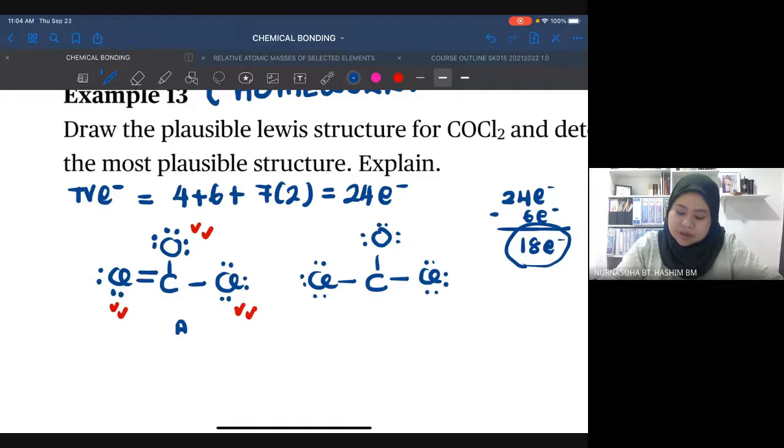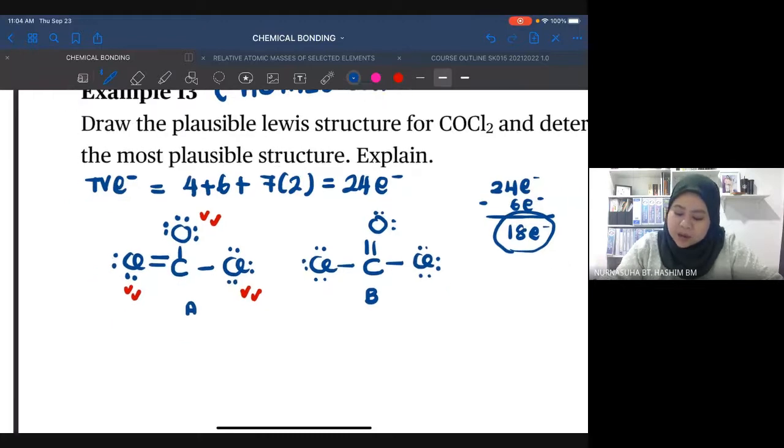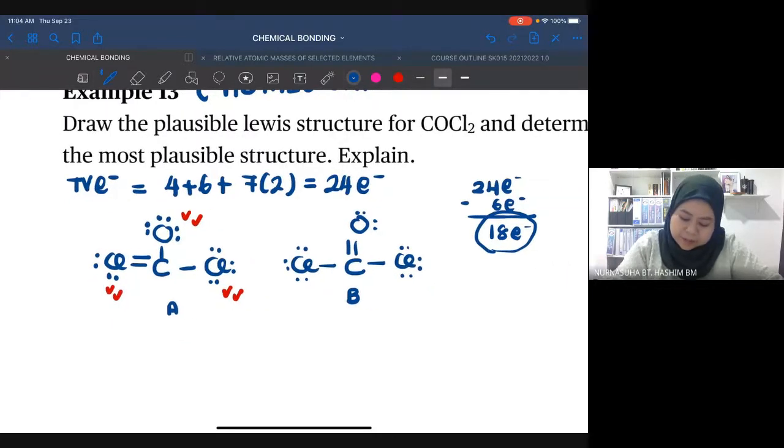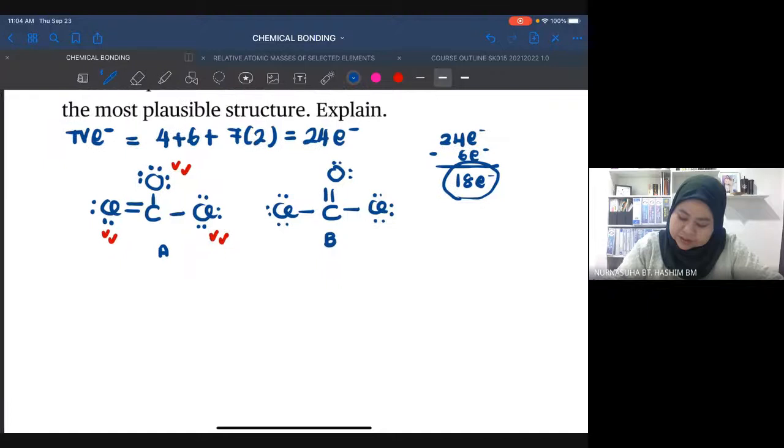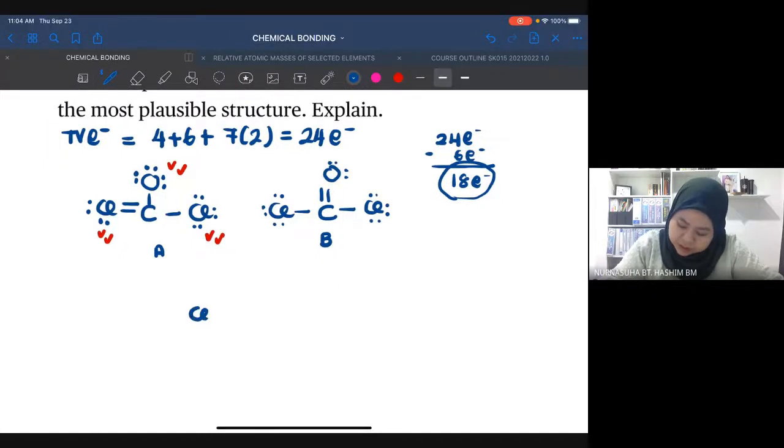But wait, boleh tak kalau kita ambil from oxygen? Boleh, tak ada masalah. So this is your second structure. Okay, kalau buat dekat chlorine, kejap, Cl, okay, kita ambil lone pair, form double bond.